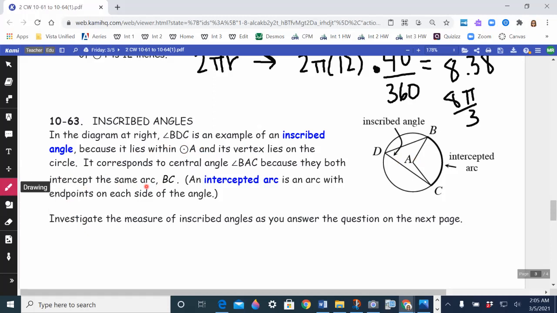Okay, so you'll see this angle BDC forms this arc BC. We say it intercepts it. It's the intercepted arc. And this BAC, which is our central angle, also has the same intercepted arc. And we want to find the relationship between these.